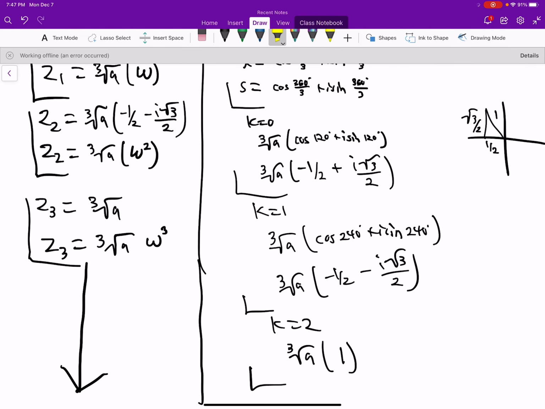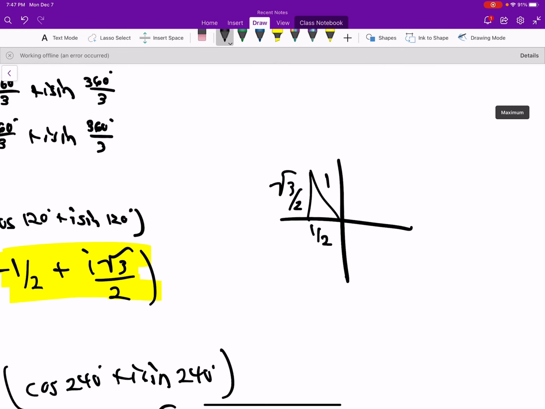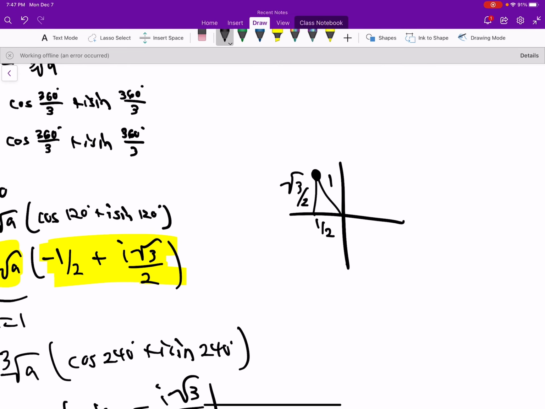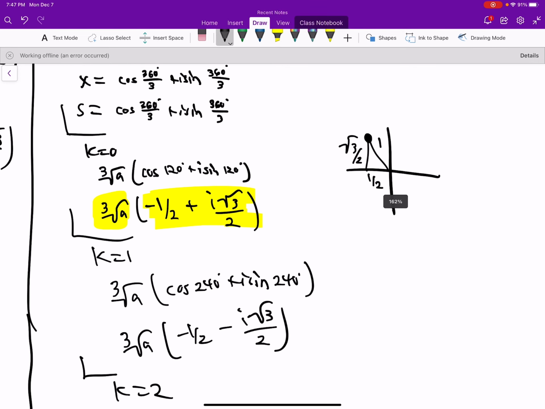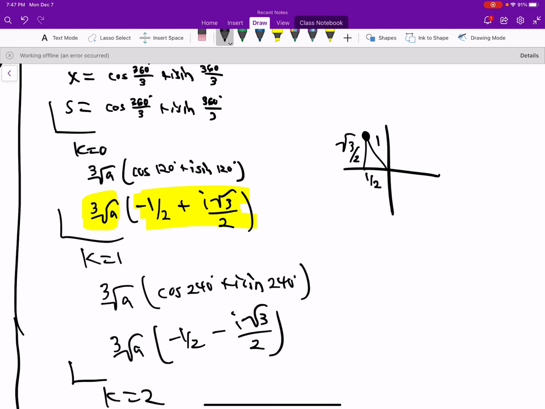And notice here you get this, and then this I'm going to call omega, and it is right there. Now this one is omega squared, right? It's here. And well, yeah, all right, so that looks okay, I guess.